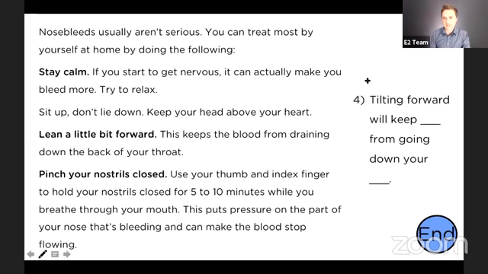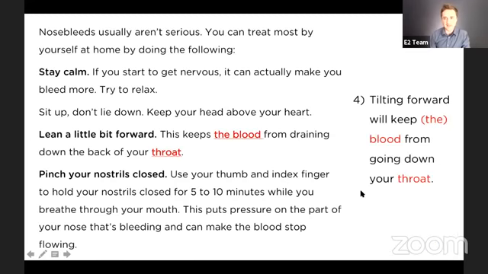So let's read the summary. It says, tilting forward will keep something from going down your something. Okay, this says lean, which is a synonym for tilt. So that's okay. And it also says forward, and here it says the same word forward. So we know we need to look here. Lean a little bit forward. This keeps the blood from draining down the back of your throat. Okay, fine. So let's look at the answer here.